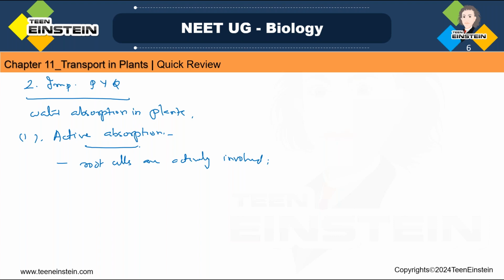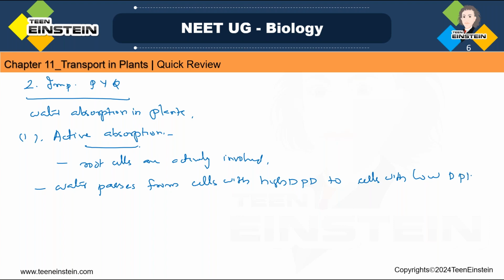Here water passes from cells with high DPD, diffusion pressure deficit, to cells with low DPD, and finally it reaches the xylem.